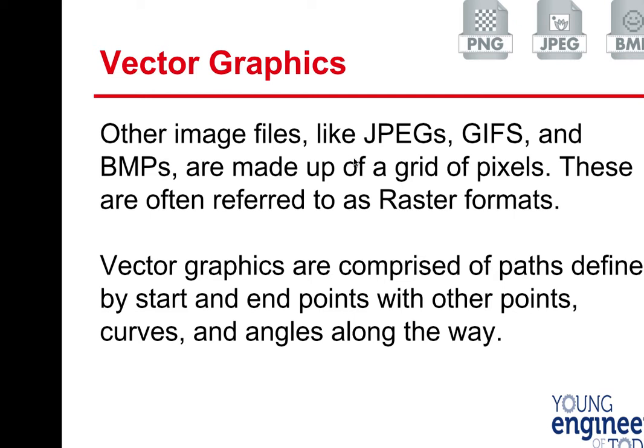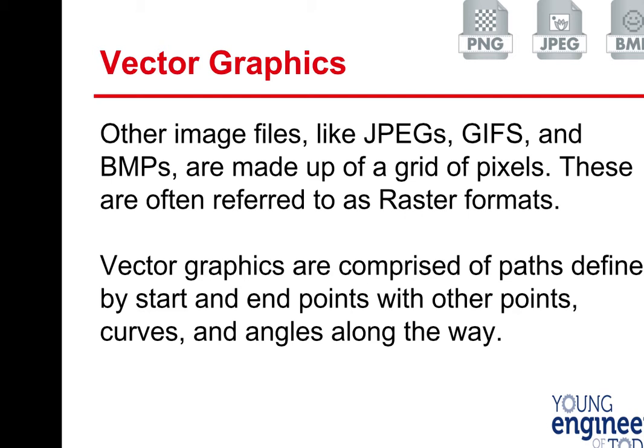So a JPEG, a GIF, any of these raster format images are comprised of a set number of dots. That's why when you make a bitmap image much bigger, either by zooming in a lot or expanding it, it's going to look pixelated and bad.